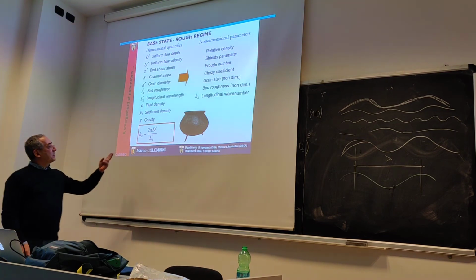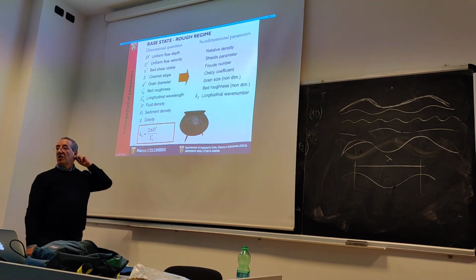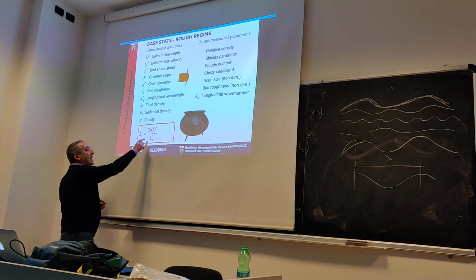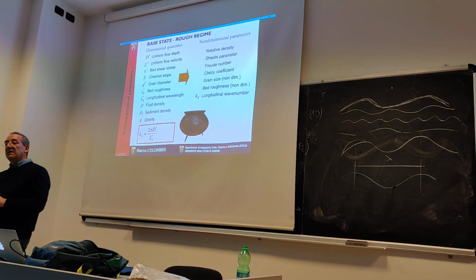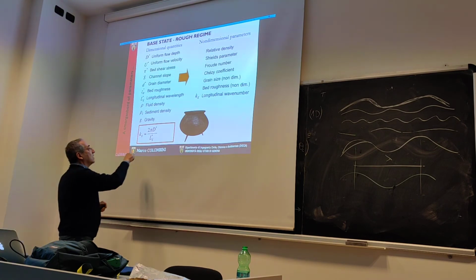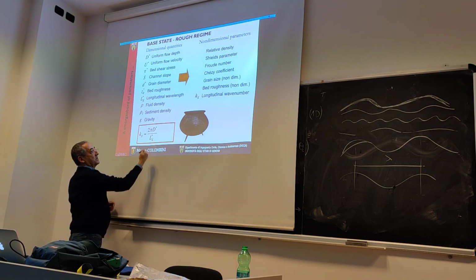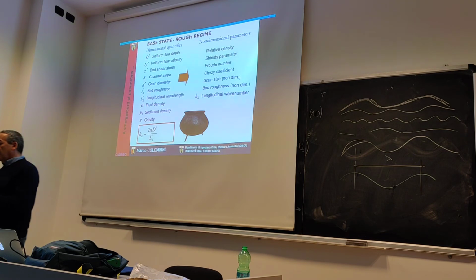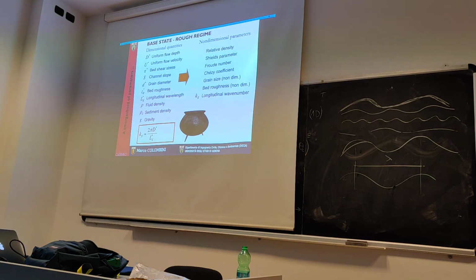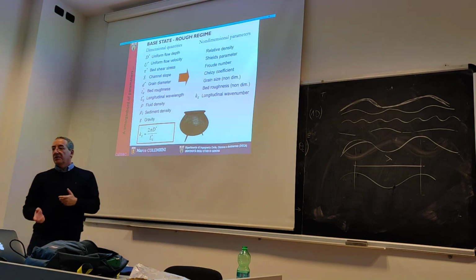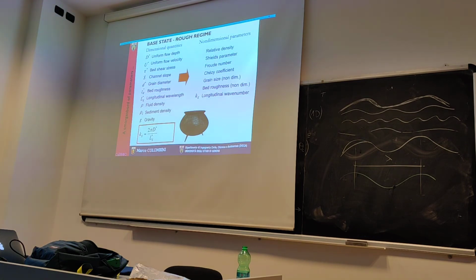Okay, this is the wave number, so this is important because it's something that we will use a lot. The wave number is a kind of inverse of the wavelength. So Lx is the wavelength. If you build up the number which is 2 pi over L over d, it's the inverse of the ratio of L over d, so the ratio between the wavelength and the flow depth, multiplied by 2 pi.